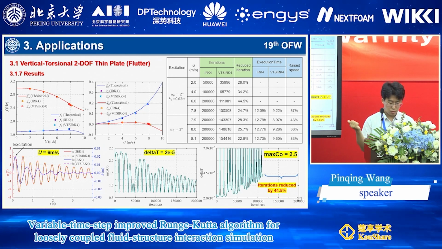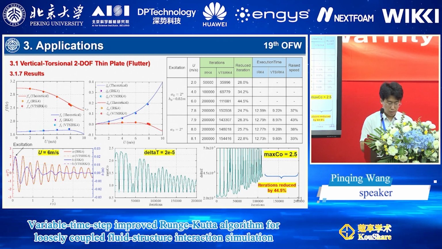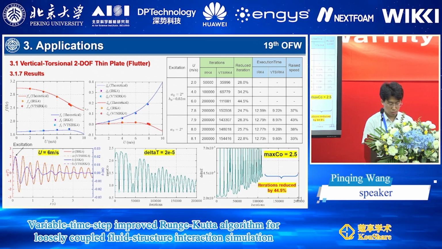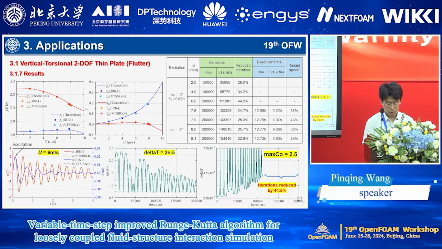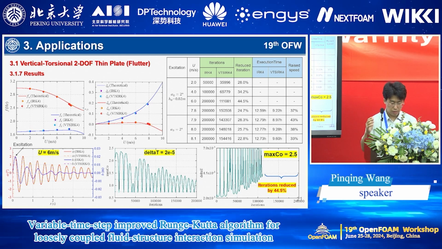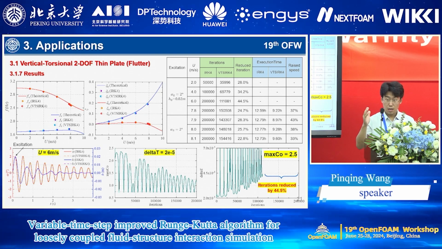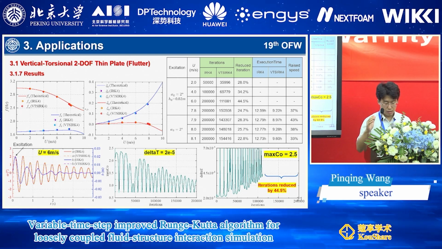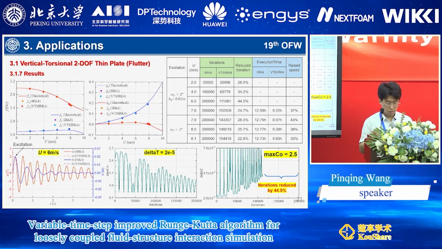The graph below shows the time history, max Courant number, and the variable time step. As shown in the middle figure, when the wind velocity increased from 0 to 6, both the vertical and the torsional total damping ratios increase. Therefore, the amplitude decays the most at this condition, and the same for the max Courant number.